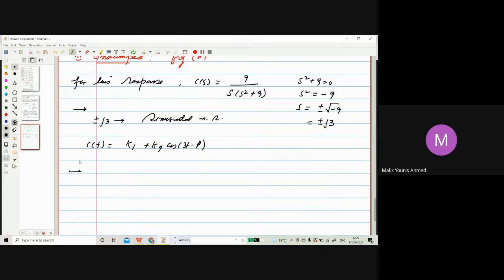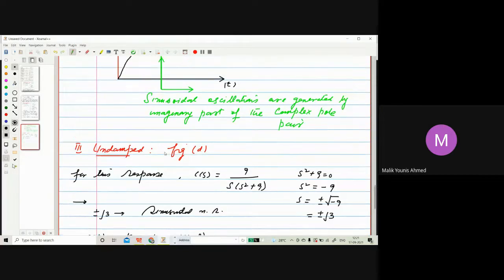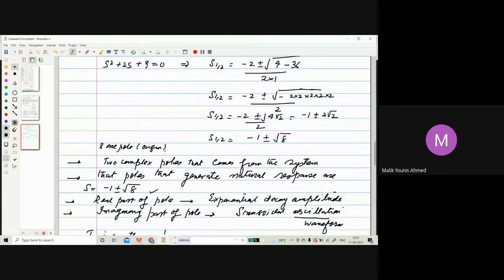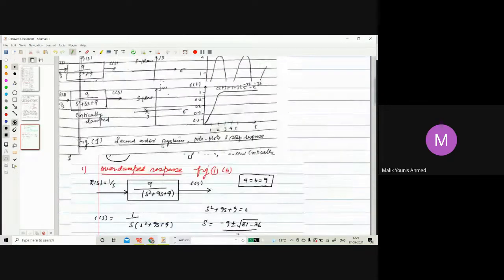The absence of the real part in the pole corresponds to an exponential that does not decay. So imaginary poles will be responsible for the sinusoidal oscillations. You can see very clearly that this type of response is undamped, that means there is no damping at all. A clear sinusoidal wave will be there.